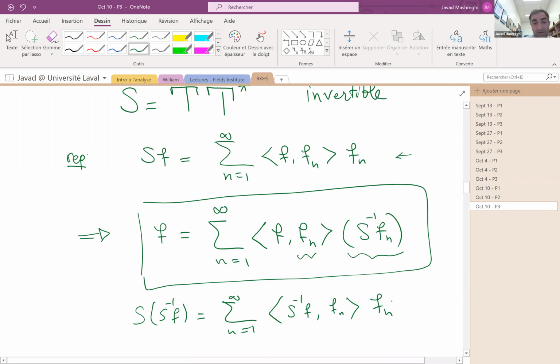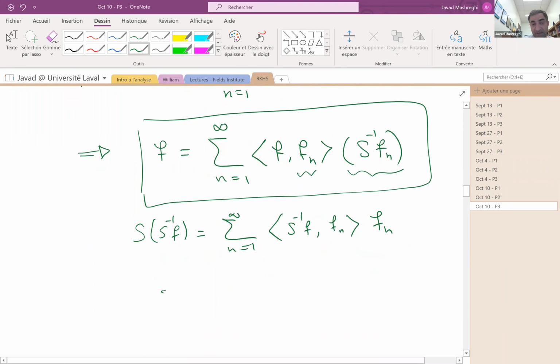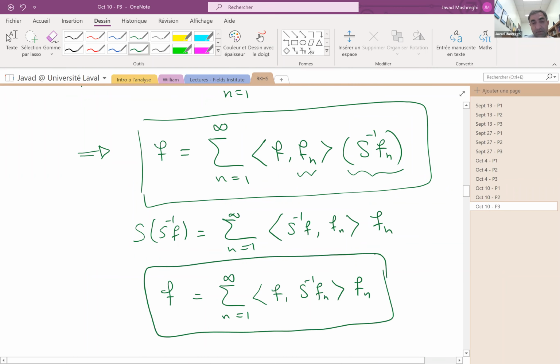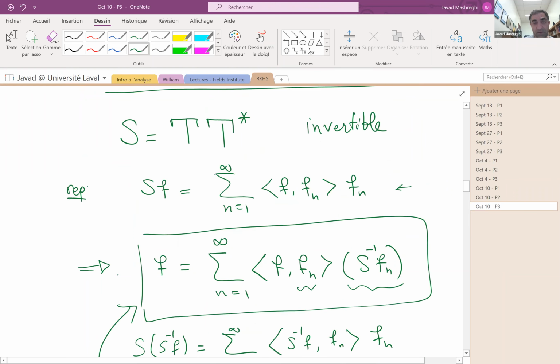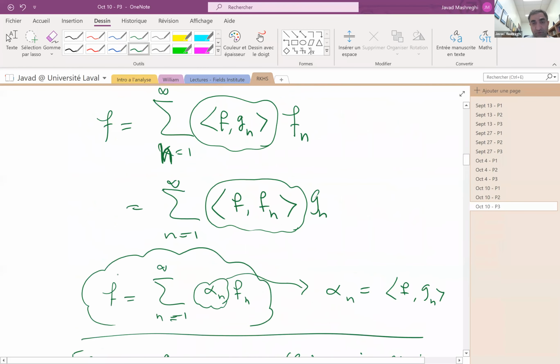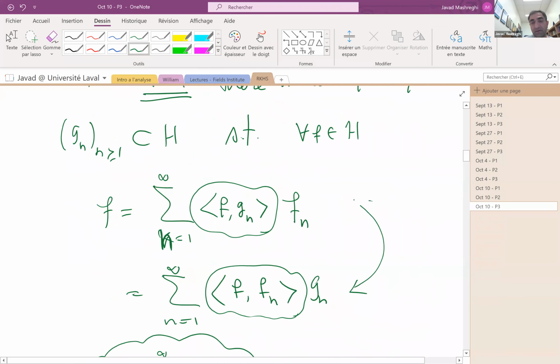Fn, and then we see that F is equal to the sum. S is self-adjoint, so S^-1 is also self-adjoint. These two formulas are very similar to the previous two formulas that we had here for the spaces.